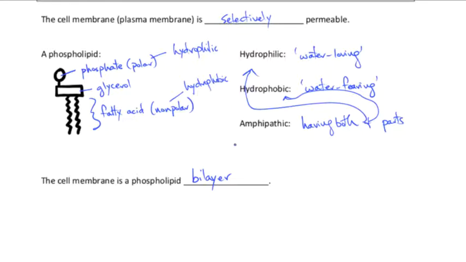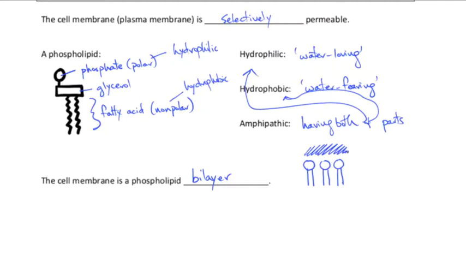Now, the cell membrane is a phospholipid bilayer. I'm going to simplify this diagram even further, and we're going to see this a lot. The phosphate and the glycerol we're going to draw just as a circle, and then the fatty acid tails we're going to draw like that. So that's our new schematic, even simpler than this one, for a phospholipid. Now, if I had a bunch of phospholipids and I were putting them in water, the hydrophilic heads would want to get near the water.